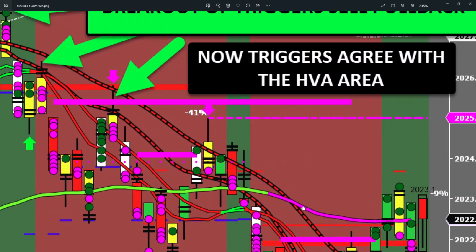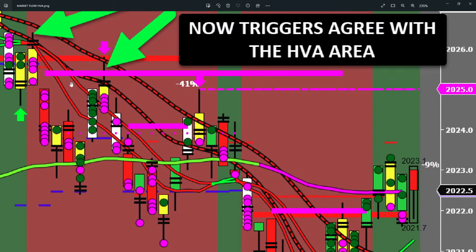If you're using a high volume area to go short, you want to have helpful triggers. Does that make sense? Every trade you do should have an area and helpful triggers. Just use those two words together. I had an area and helpful triggers. And that's a trade setup.